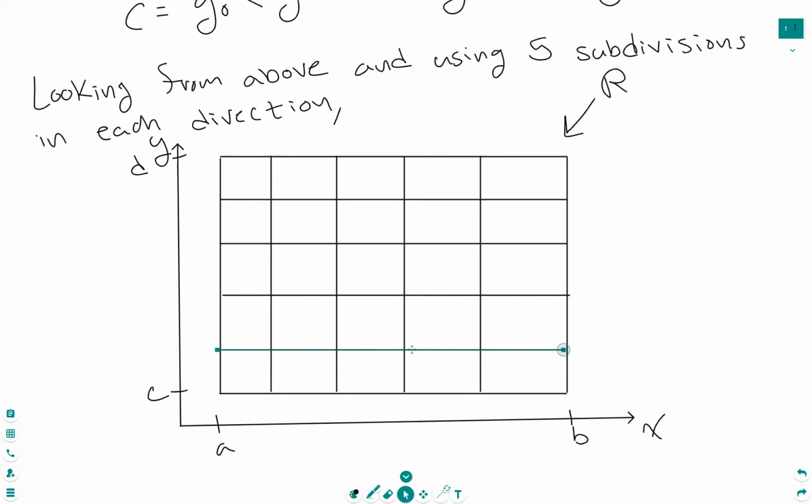Okay, so now I've subdivided each direction, x and y, into 5 subintervals. So I've got 1, 2, 3, 4, 5, and 1, 2, 3, 4, 5. Obviously, there are 25 of these little sub-rectangles.